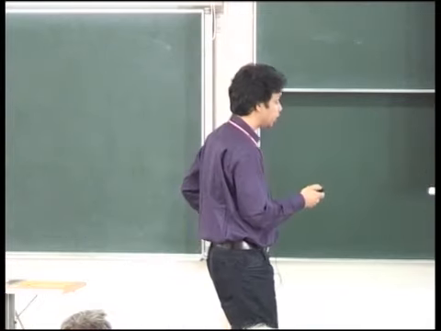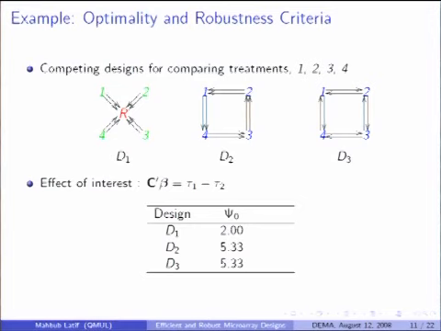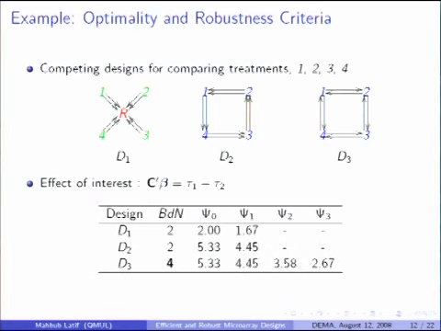So which design should we use between these two? In terms of efficiency, we can use any of them, but if we think there is a possibility of missing observations, we can write down the breakdown number for these two designs, and it may give more information. D3's breakdown number is 4, whereas D2's breakdown number is 2.